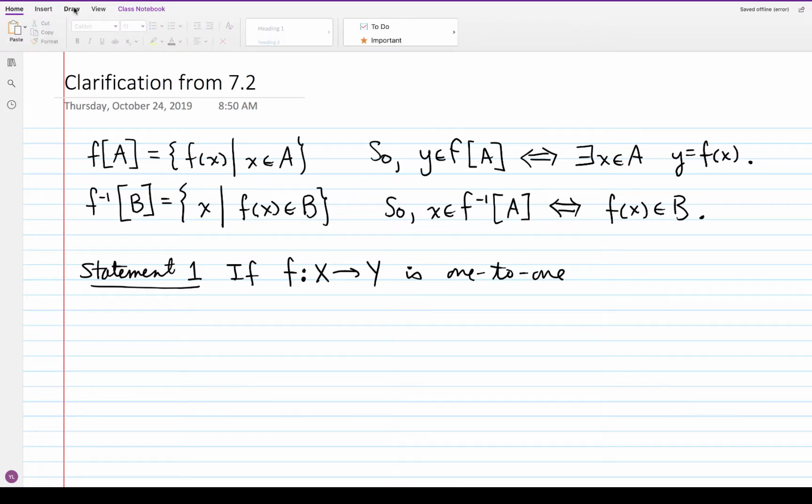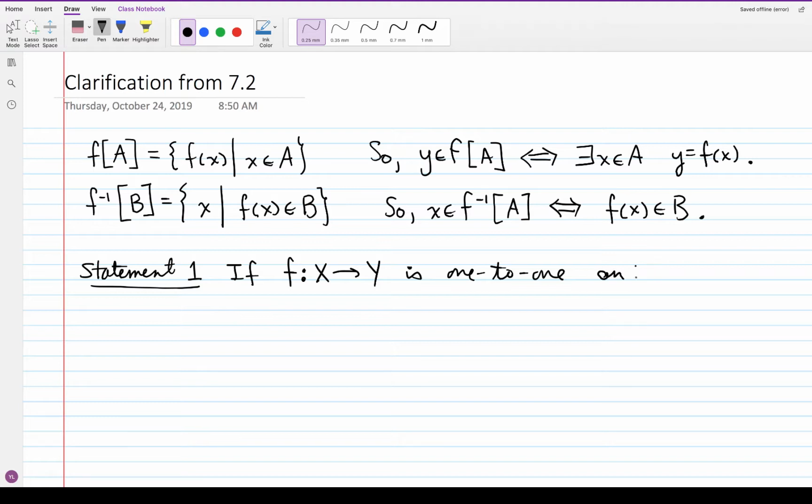So if f is 1-to-1 and A is a subset of the domain, then we'll prove that f inverse, the inverse image of f of A, is equal to A. So the inverse image of this set, which happens to be the image of A, is equal to A.